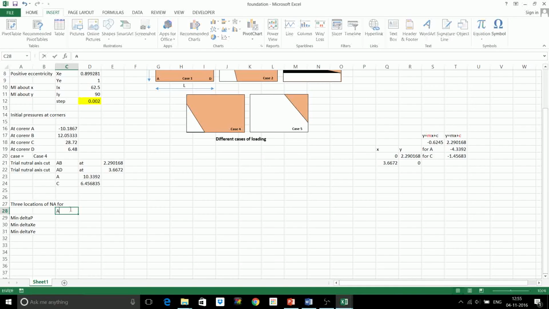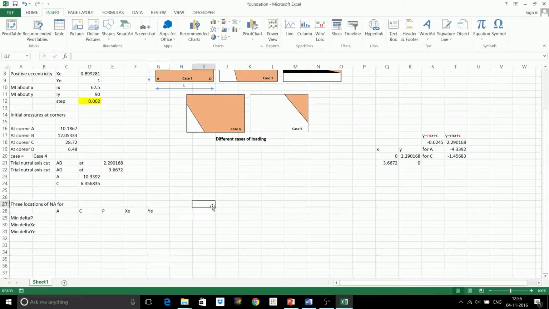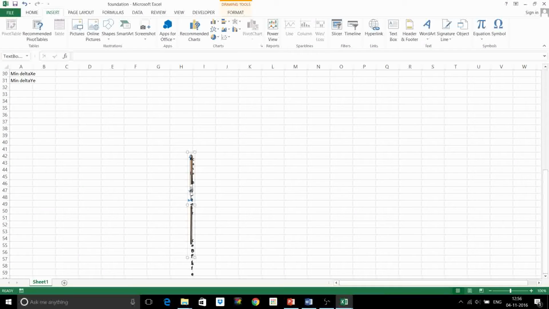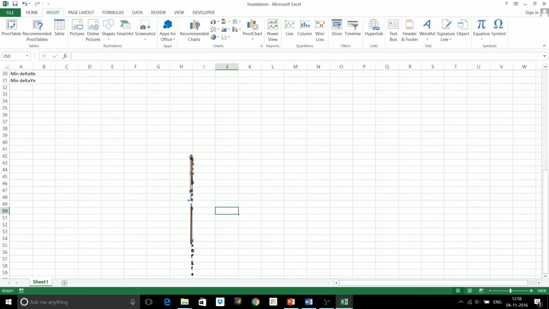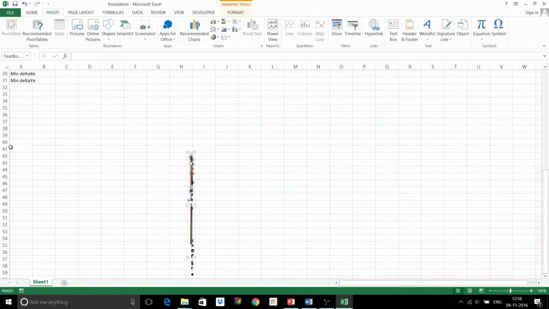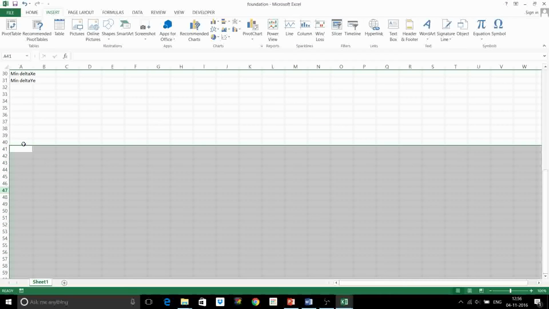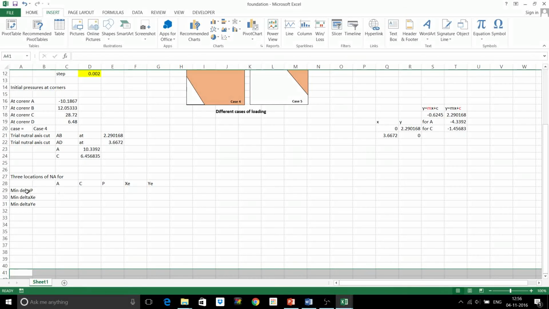So here a, c, p, xe and ye. Okay, so the first step is to find out where the errors in p, x, y independently are minimum.